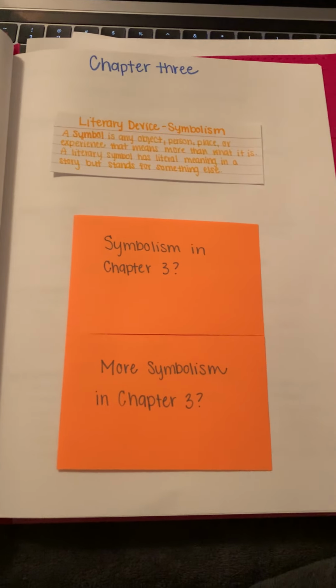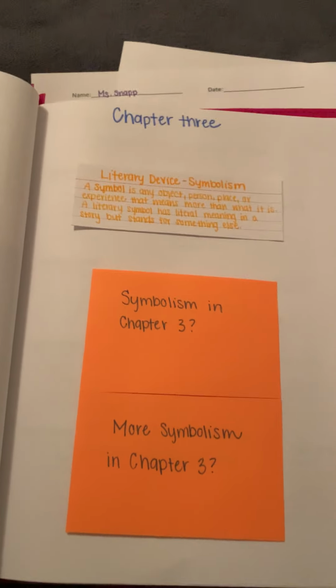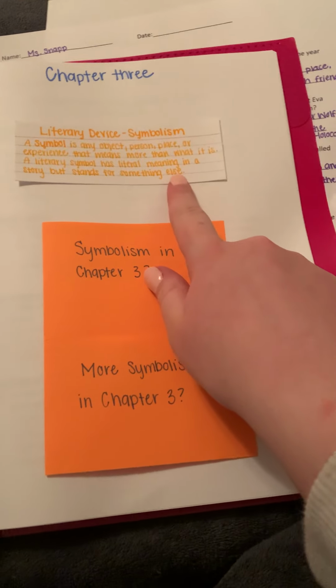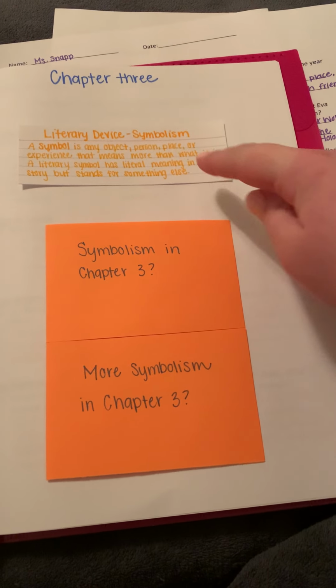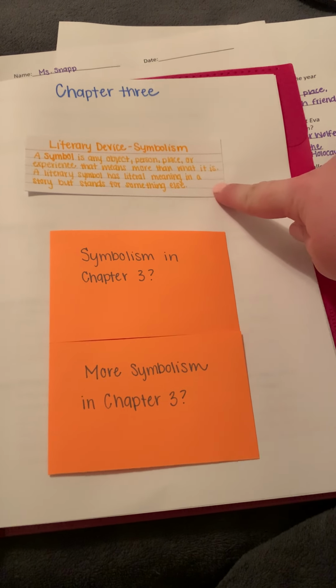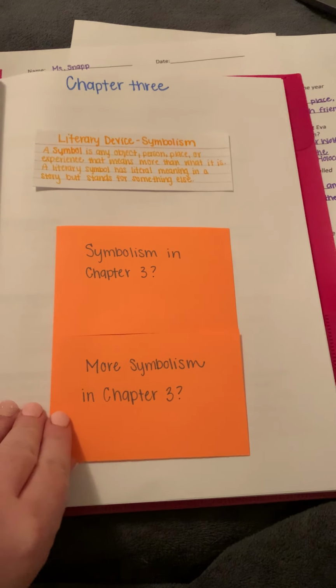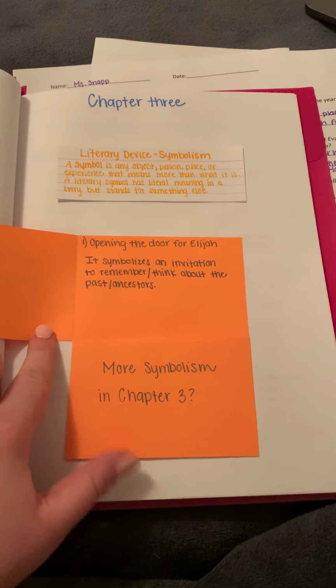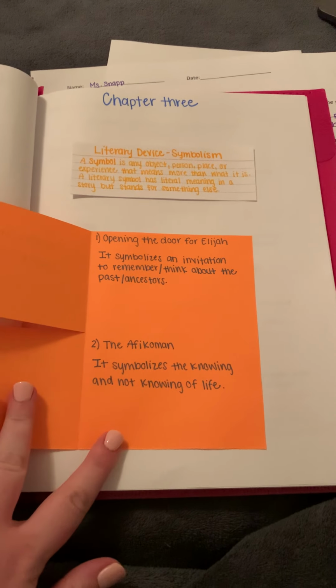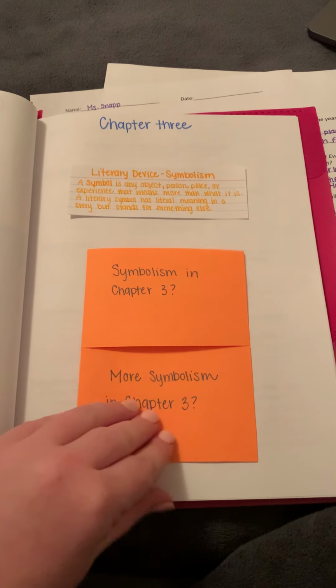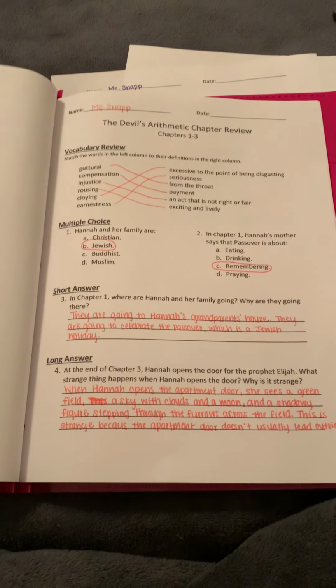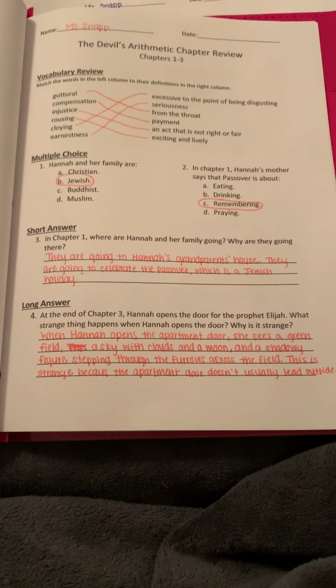And then here is chapter 3. The literary device on this one is symbolism. A little reminder of what symbolism is. And then they find 2 examples of symbolism in chapter 3. Here is the first chapter review.